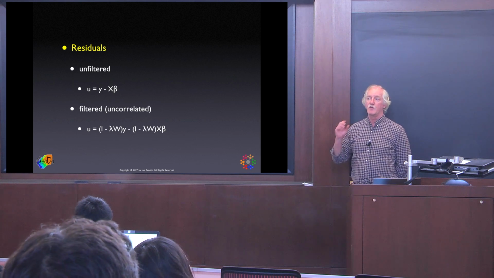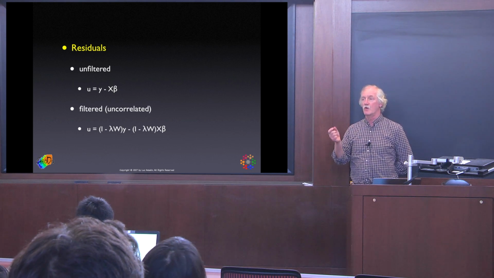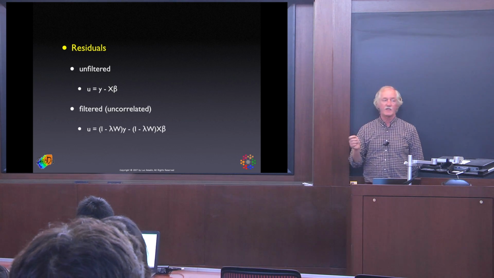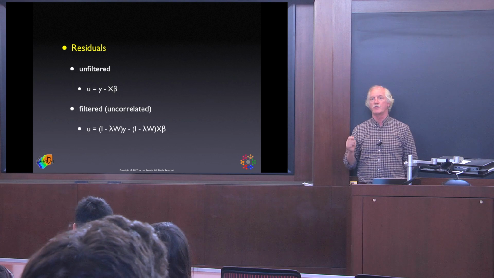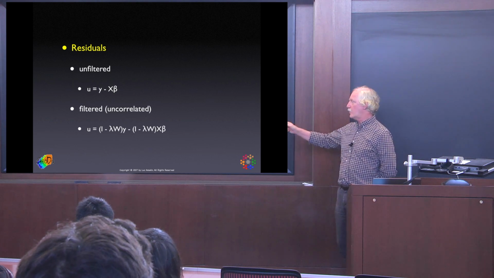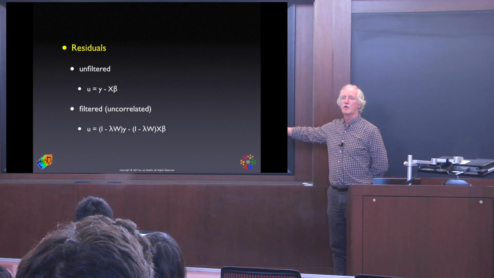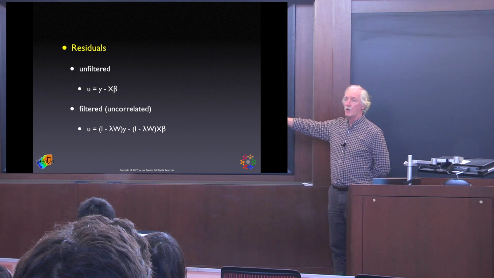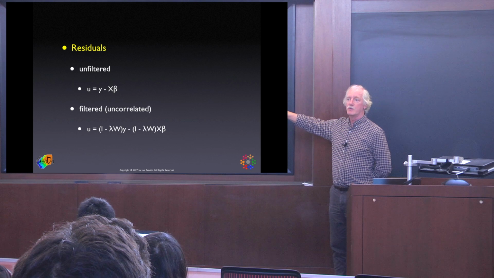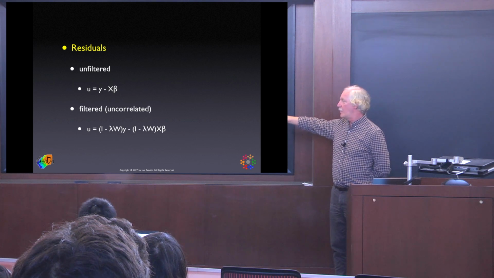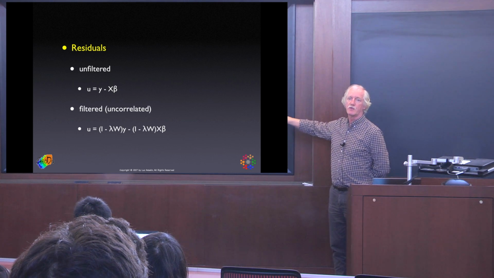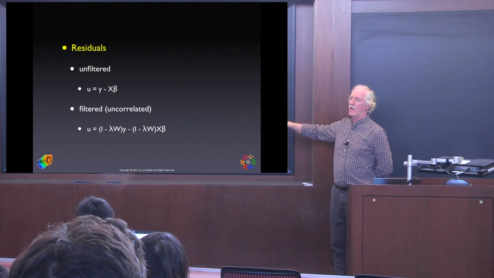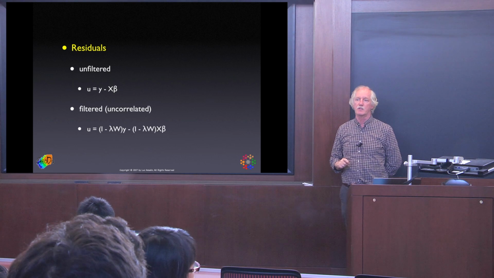So if you want to see the clean residuals, or you want to see, in other words, the effect of correcting for spatial autocorrelation on the residuals, you have to construct the spatially filtered residuals. And so those are the spatially filtered dependent variable minus the spatially filtered predicted values, so to speak, using the estimates for lambda and beta in that expression.